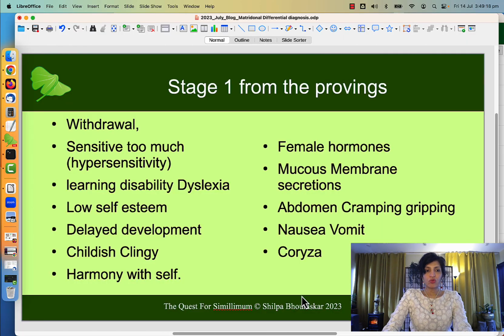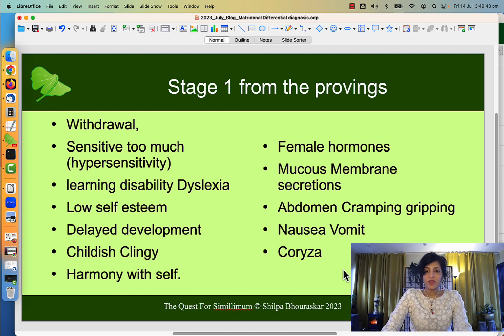So before we go, just summing it up, on the mental broad spectrum aspect at stage 1, we have withdrawal, too much sensitivity, learning disabilities, dyslexias, delayed development, low self-esteem, childish behavior or childlike qualities, and need for harmony with self.